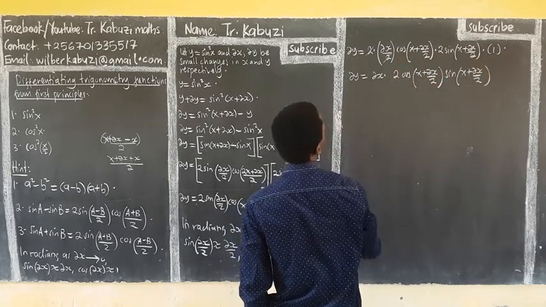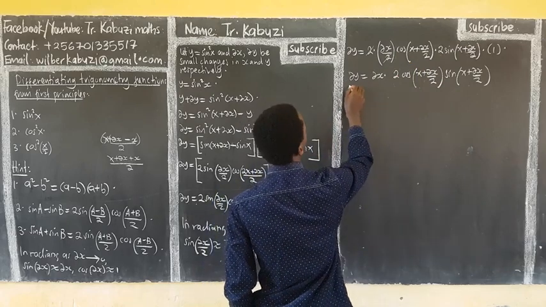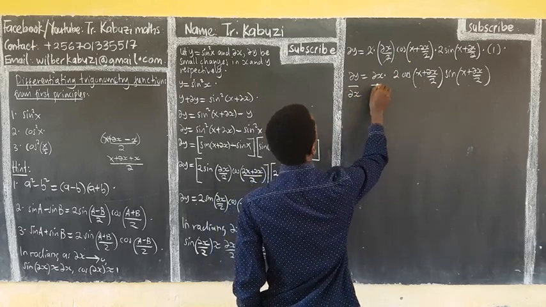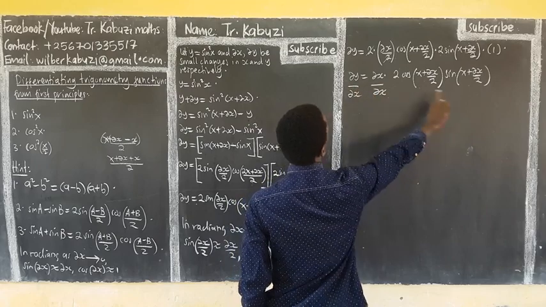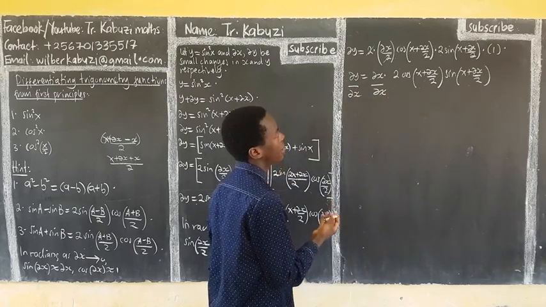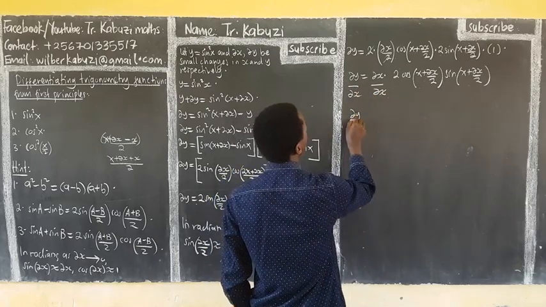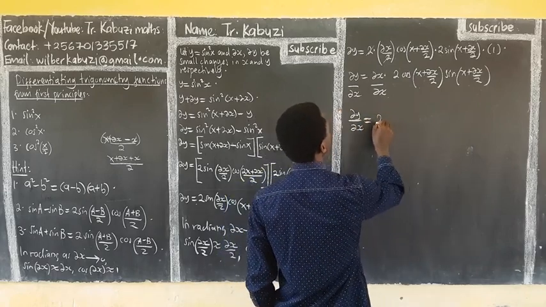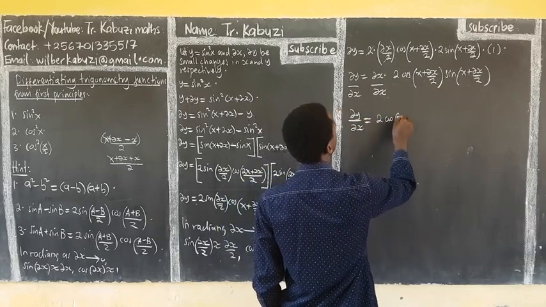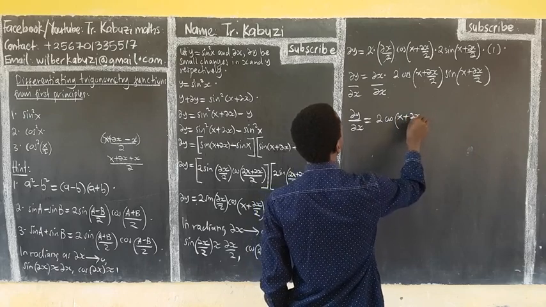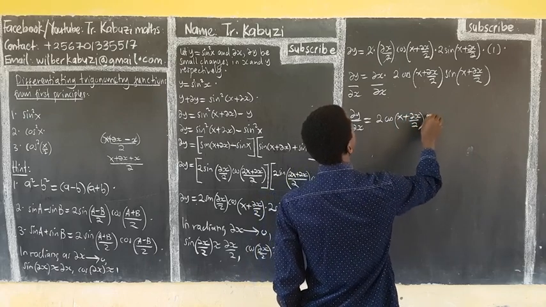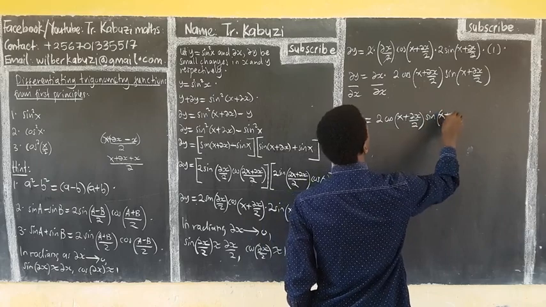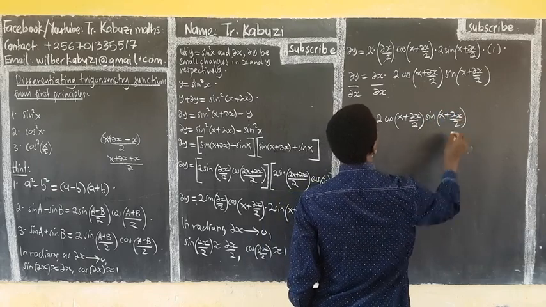So you divide by delta x, by delta x this side, by delta x this side. Remember, the whole of that is a product, so you can use dividing. So you get delta y over delta x equaling cos x plus delta x over 2, then sine delta x over 2.